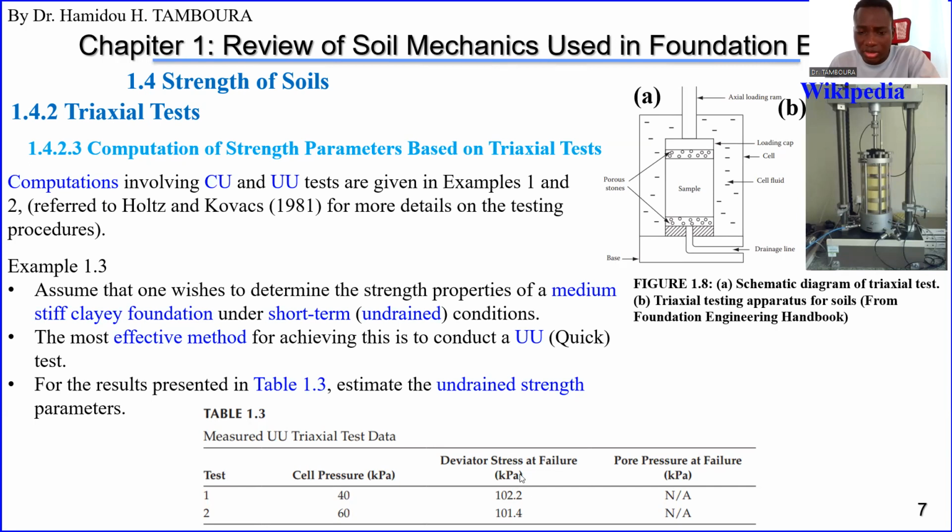One remark in this UU test is this one. As you can see, the deviator stress is almost the same in both tests. The first test is 102.2. The second test is 101.4. Almost the same value for these deviator stresses. That is the signature of the UU test. Even though you add load, any load you add will be taken by the water.